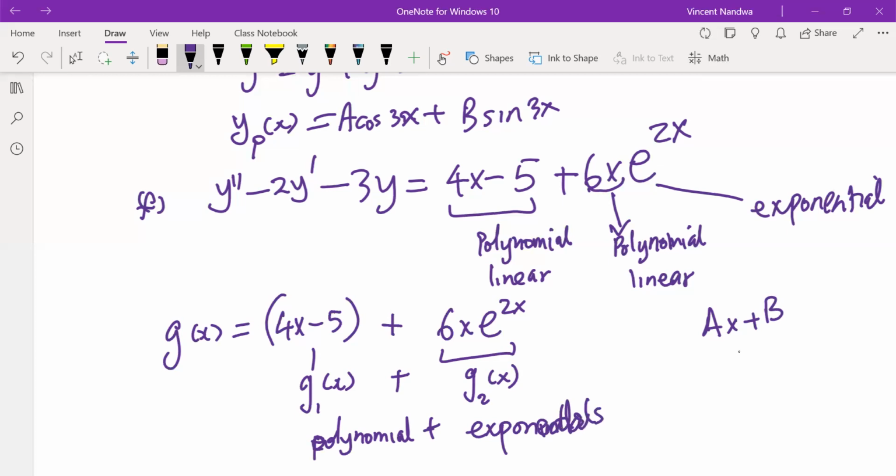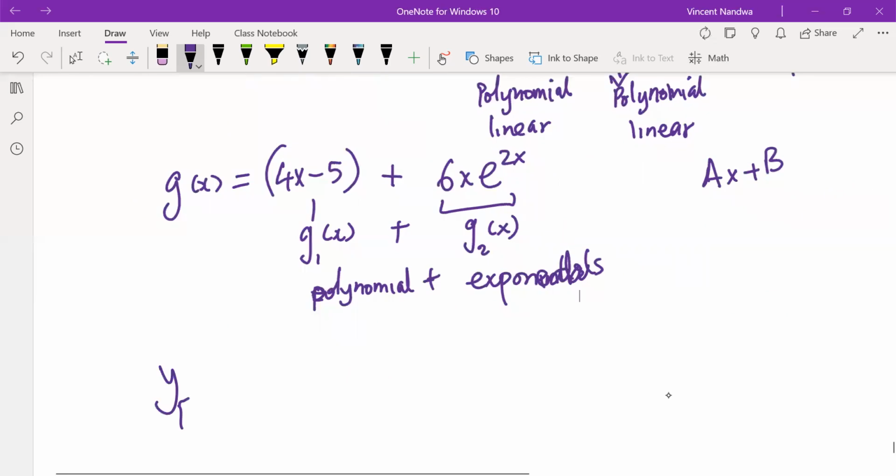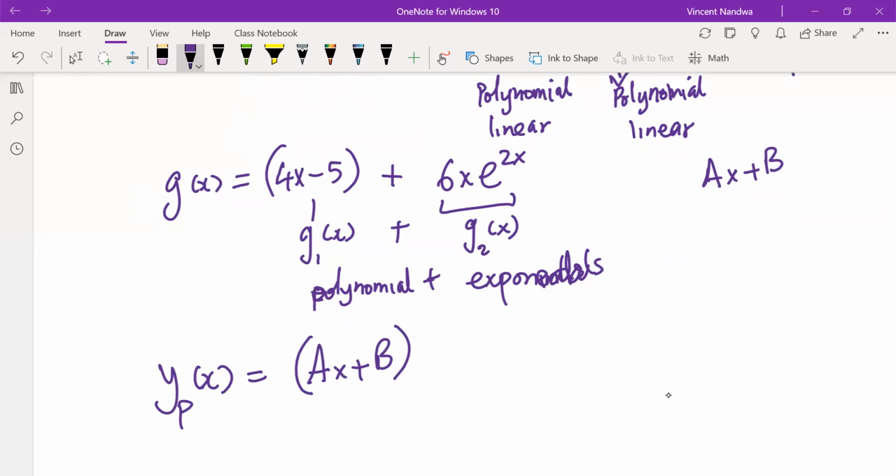So the correct form of yp will be given by, this being polynomial but linear, ax plus b, and then plus this. Remember, this is a linear function, so we'll have cx plus d, and then you multiply by e raised to power 2x, the exponential part.